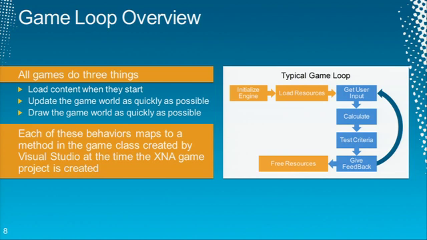Update would be getting input, making calculations like applying velocity to objects, and detecting boundary conditions, such as if you're on the edge of the screen, to test criteria. And then giving the user feedback. Was there a collision? If there was, you want to make it interesting by showing an explosion or something like that. Then you keep looping between this continuously.